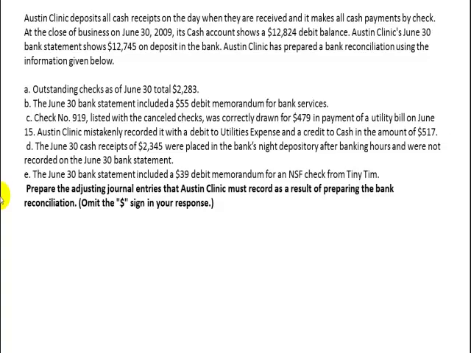So it says prepare the adjusting entries that Austin Clinic must record as a result of preparing the bank reconciliation. So we'll read through each of these different items and ask the question, does this item affect the books? And if it affects the books, we need to make some kind of adjusting entry.